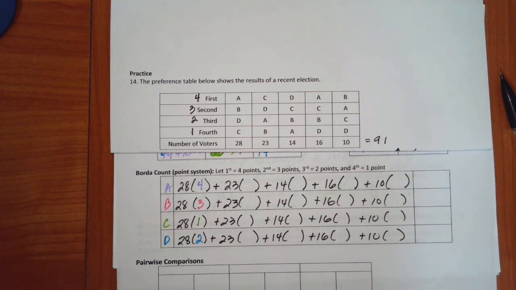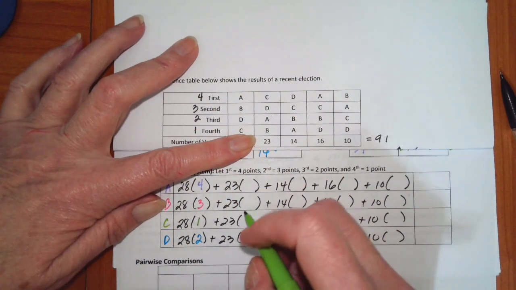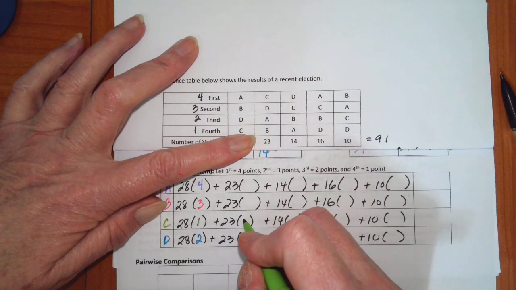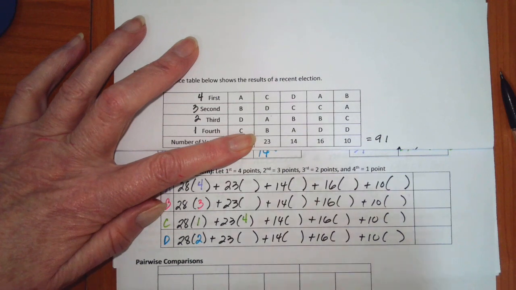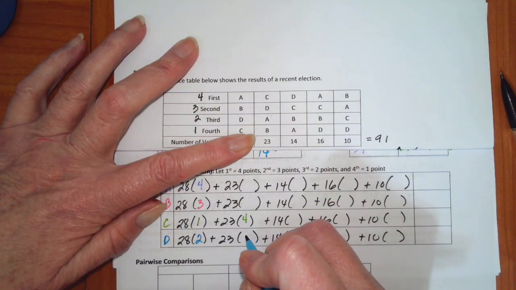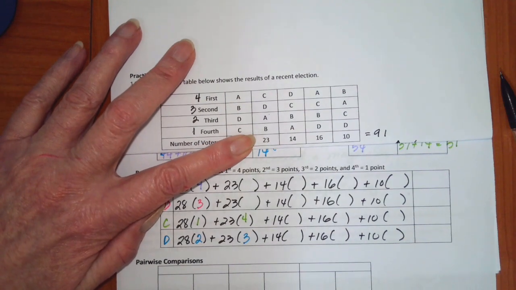Okay. In the next column, the 23 points, C came in first, so is going to get 4 points for each of those votes. D came in second, which means D is going to get 3 points.